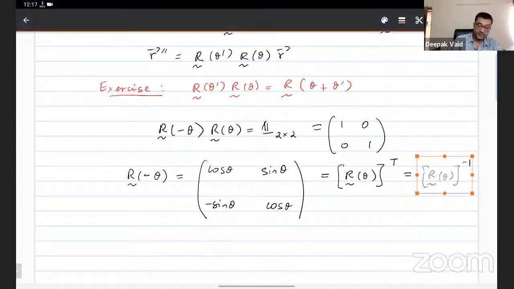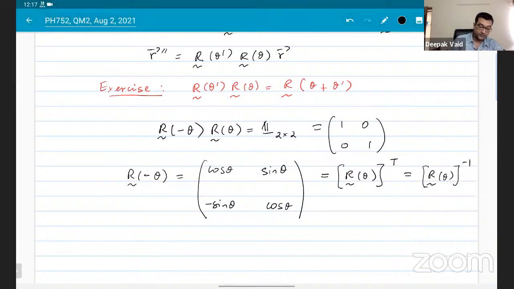Because when I multiply this object with R of theta, I get the identity. So such a matrix which satisfies this condition is called an orthogonal matrix. An orthogonal matrix is one for which M transpose is equal to M inverse.